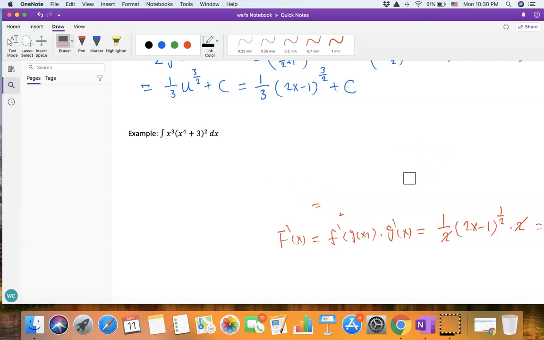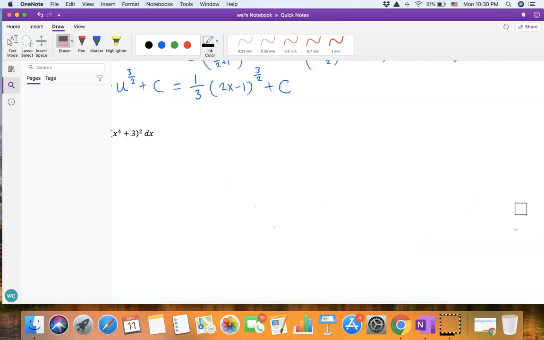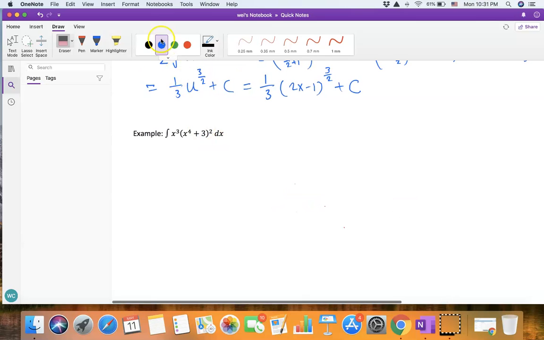Now, let's take a look at the second problem. I would like to think about which term we should let be u. Here, we should let u be x to the 4th plus 3, because this term is raised to the power of 2.